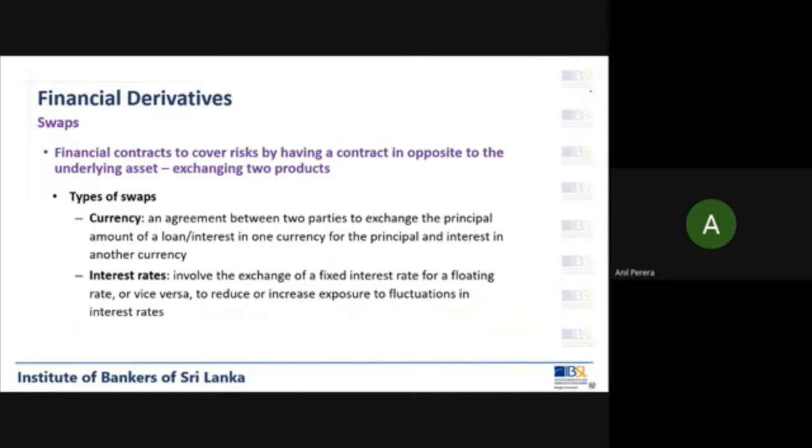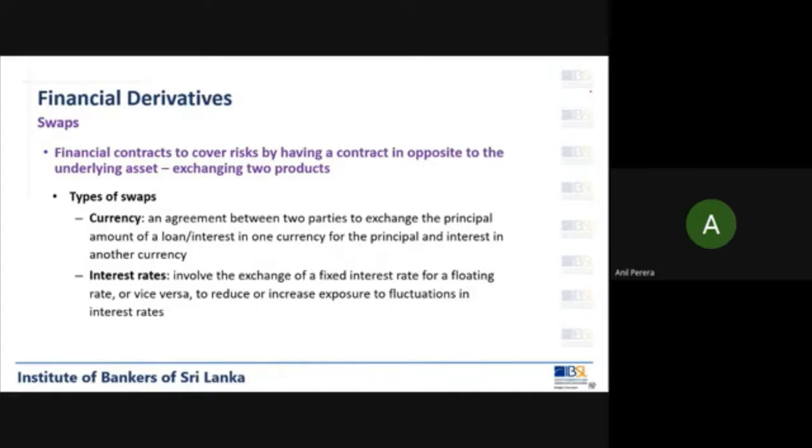Then the last major category is swaps. I think this word swaps is very common and popular in the financial markets. Swaps are financial contracts entered into for the purpose of covering risk by having a contract in opposite to the underlying trading contract.